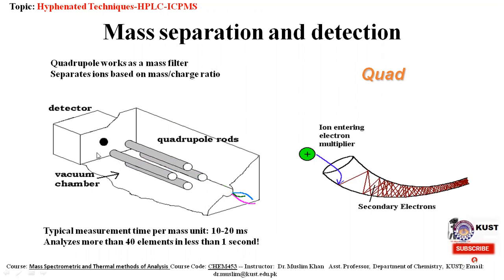Typical measurement time per mass unit is 10 to 20 milliseconds. This is analyzing more than 40 elements in less than 1 second. Then from this, the ions enter into electron multiplier detectors.